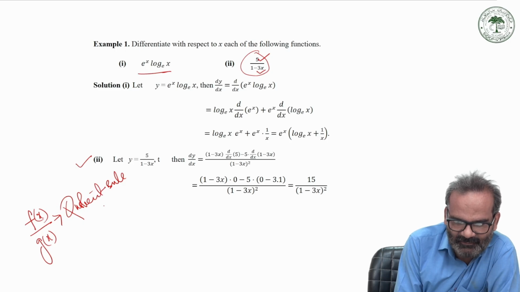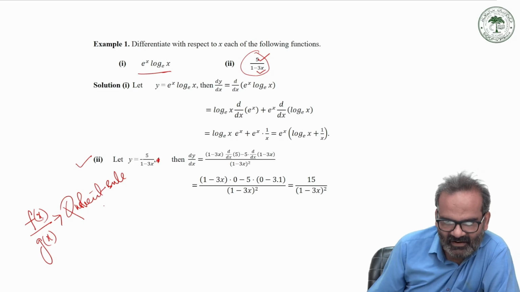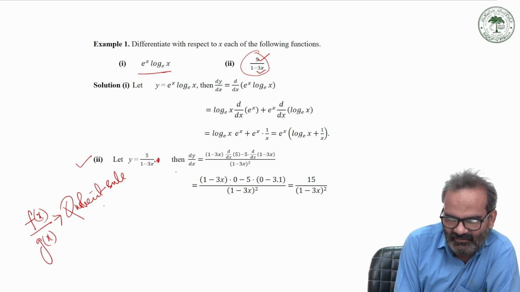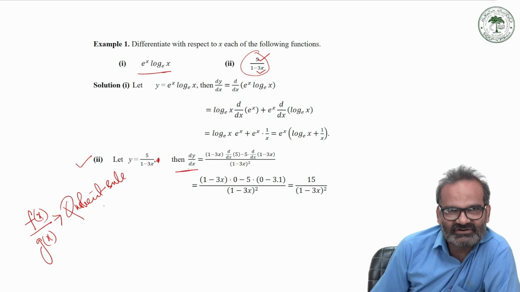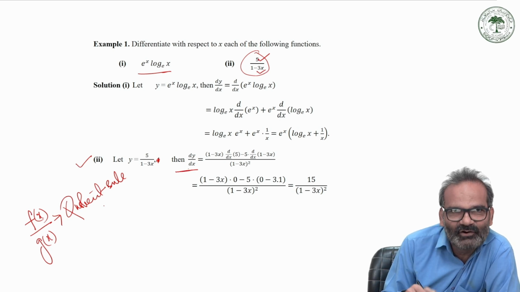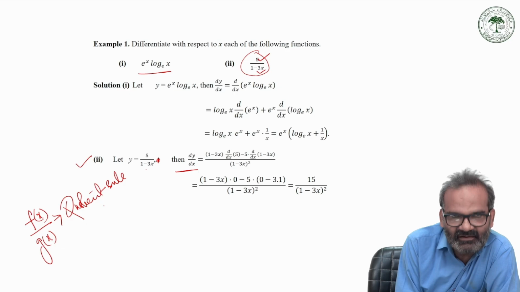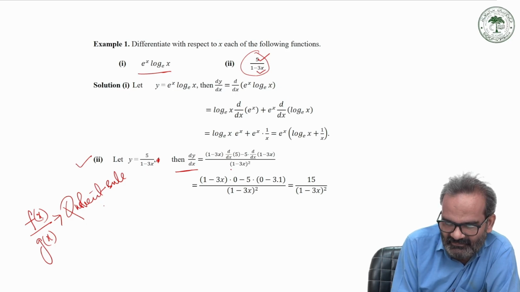If y is 5 upon 1 minus 3x, then dy/dx, what the quotient rule says, is the square of the denominator. Your denominator is 1 minus 3x, so we have (1 minus 3x) power 2.